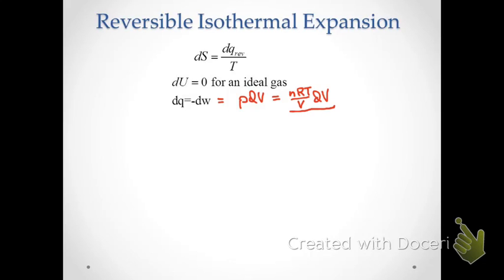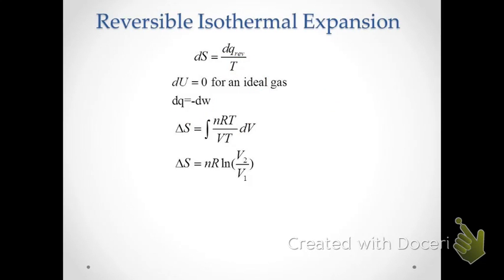V dV. Now, if we do the substitution for our definition of entropy, we'll note that because dq is equal to nRT over V dV, we make the substitution for that above. And then we simply divide that by T, to get the overall change in entropy that's occurring in our process.